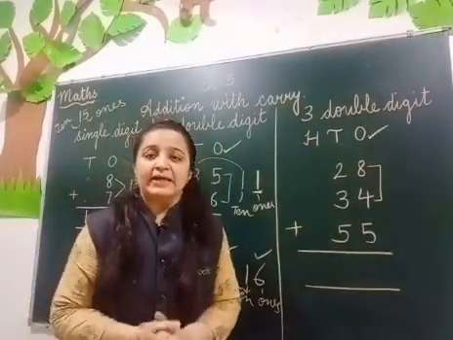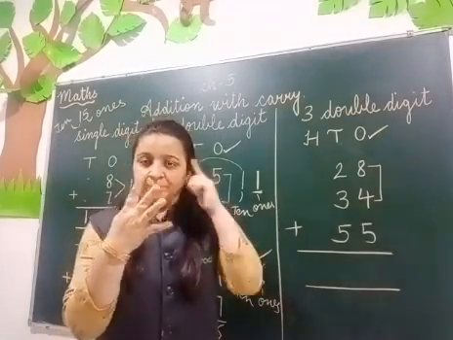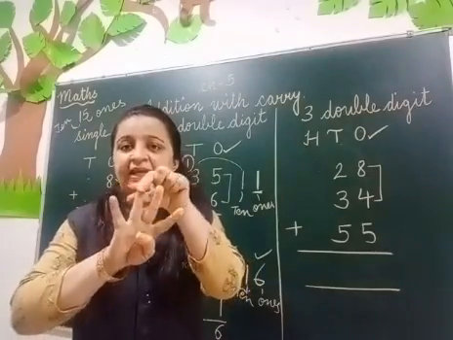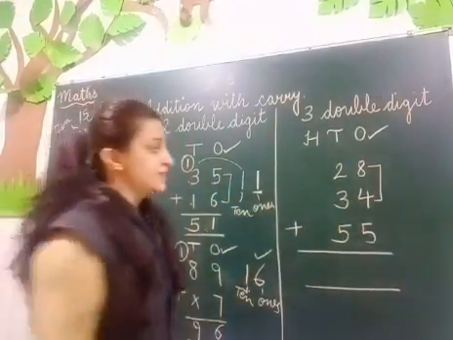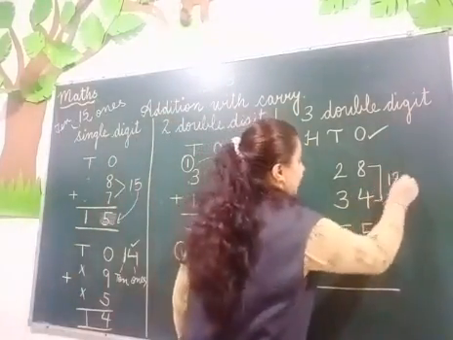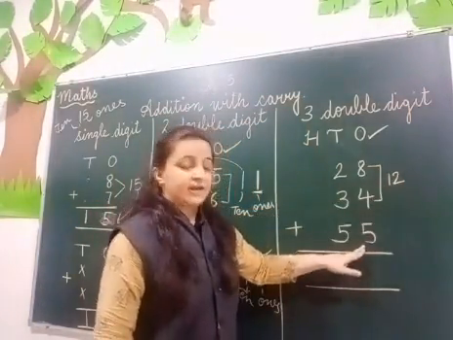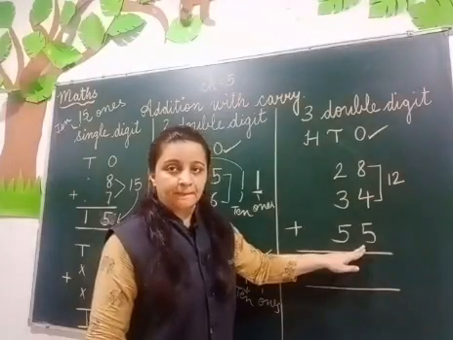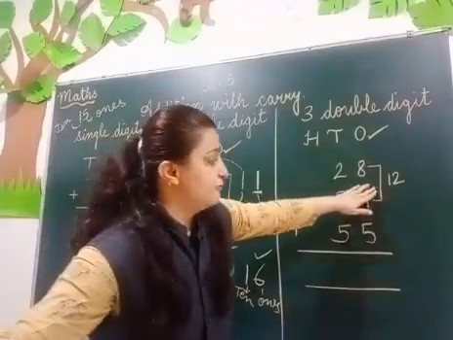Keep 8 in your mind and take out 4 fingers. 8 here, 9, 10, 11, 12. 8 and 4 is 12. Now to this 12 I will add 5.